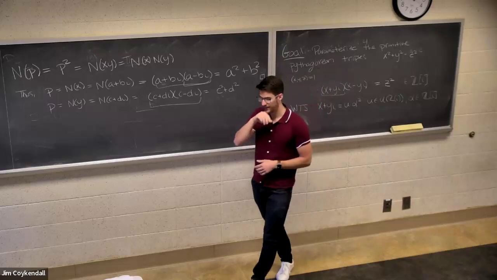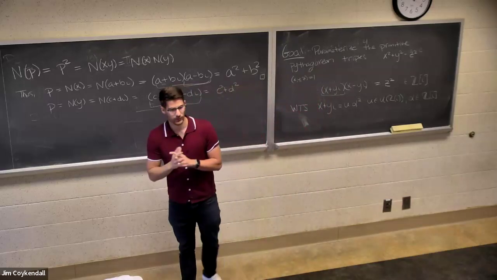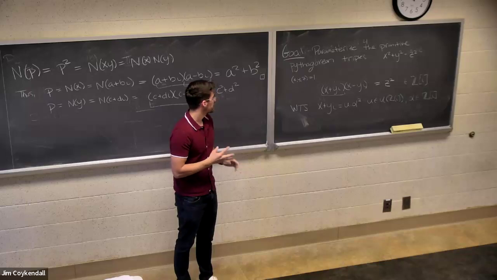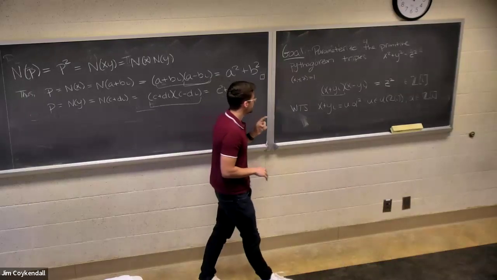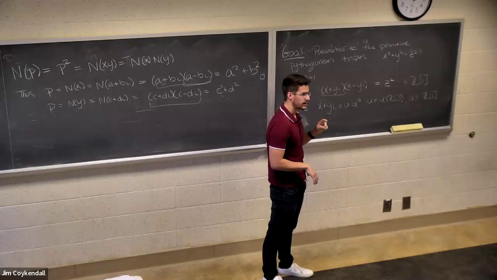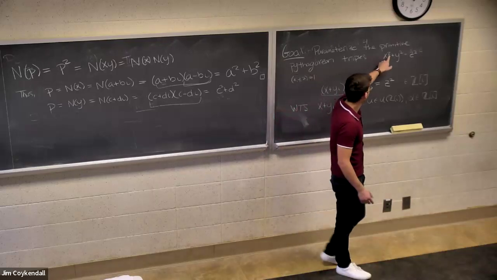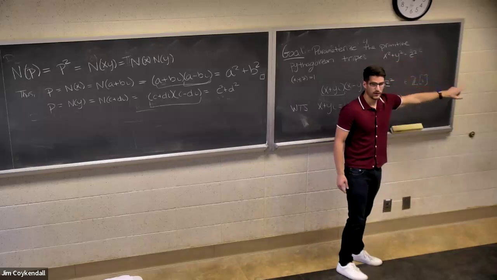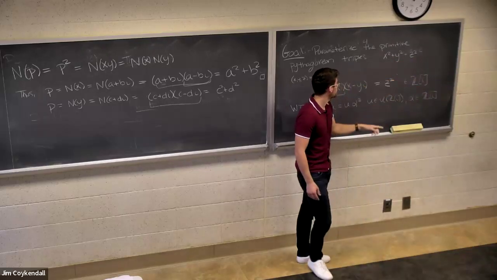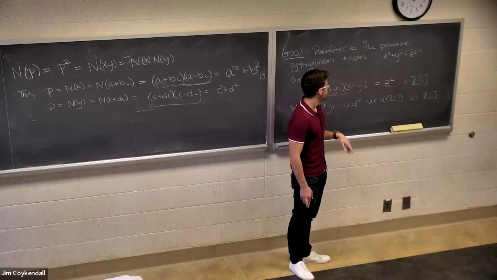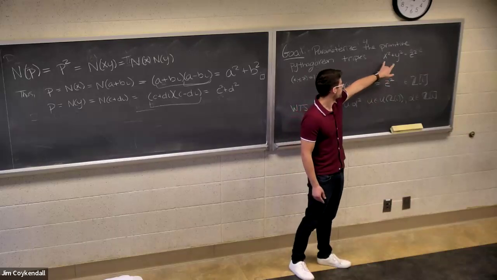This approach is really nice. And in 1844, Gabriel Lamé, a French mathematician, thought, I'm going to do the same thing for n instead of for 2. Instead of factoring over the Gaussian integers, we're going to restrict ourselves to the prime case.